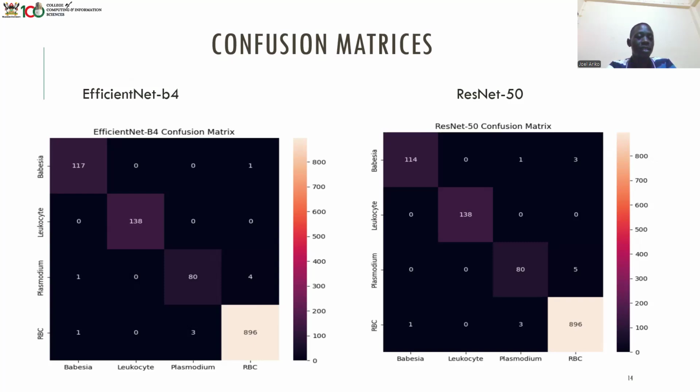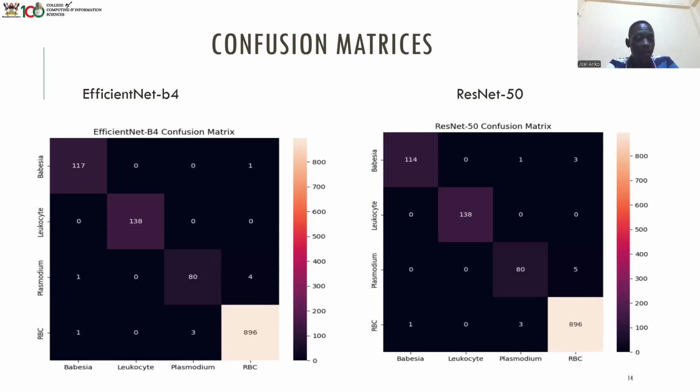Then for the confusion matrices of these architectures, when we look at the EfficientNet B4 confusion matrix, it has given us most predictions lying along the diagonal, meaning that the model has performed quite well. When you track Babesia, it's only one that it misplaced, and it predicted it as red blood cells. It correctly predicted the leukocyte, and none were put into different classes.